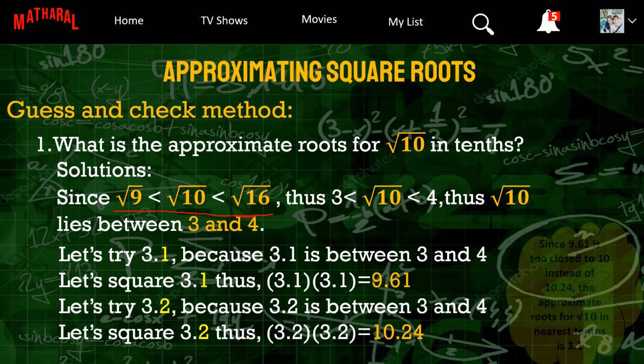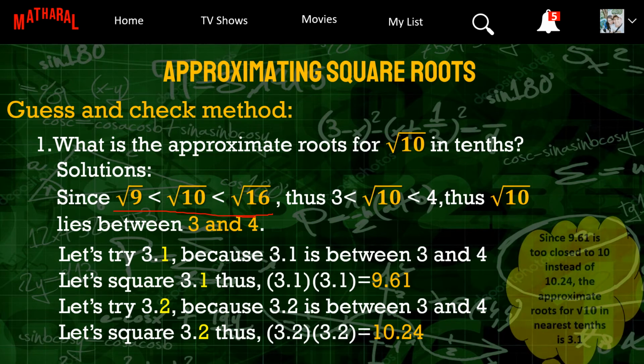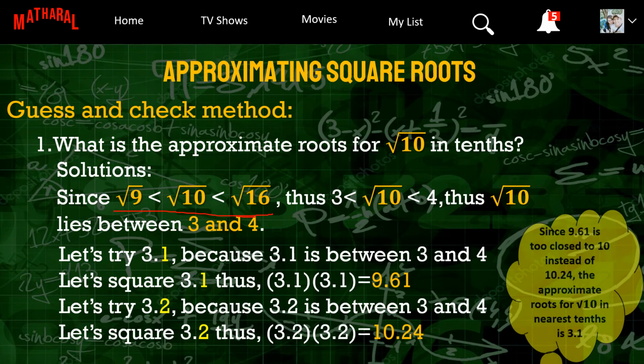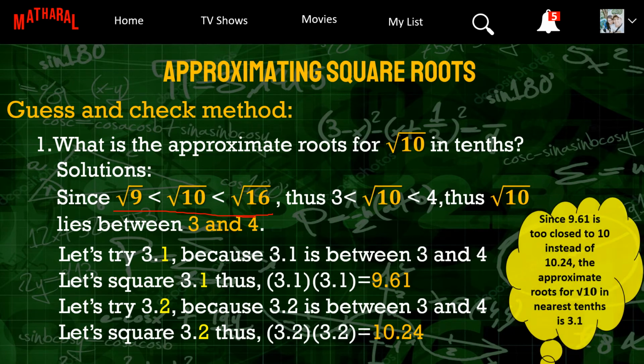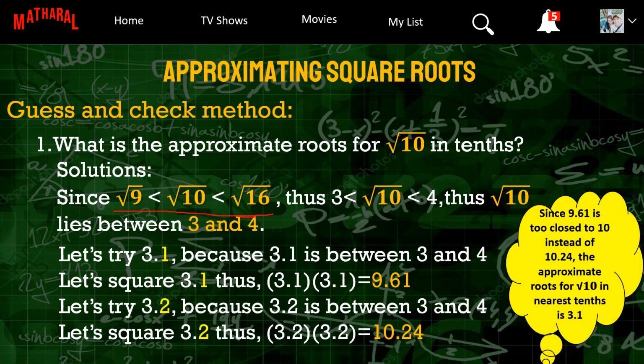Ayan, sinabi dito. Since 9.61 is too close to 10, instead of 10.24, the approximate root of 10 in nearest tenths is 3.1. At ang katanggap-tanggap po ay ito, yung 3.1 at hindi ito kasi medyo mataas na compared sa 9.61 na na-produce nitong 10.24.